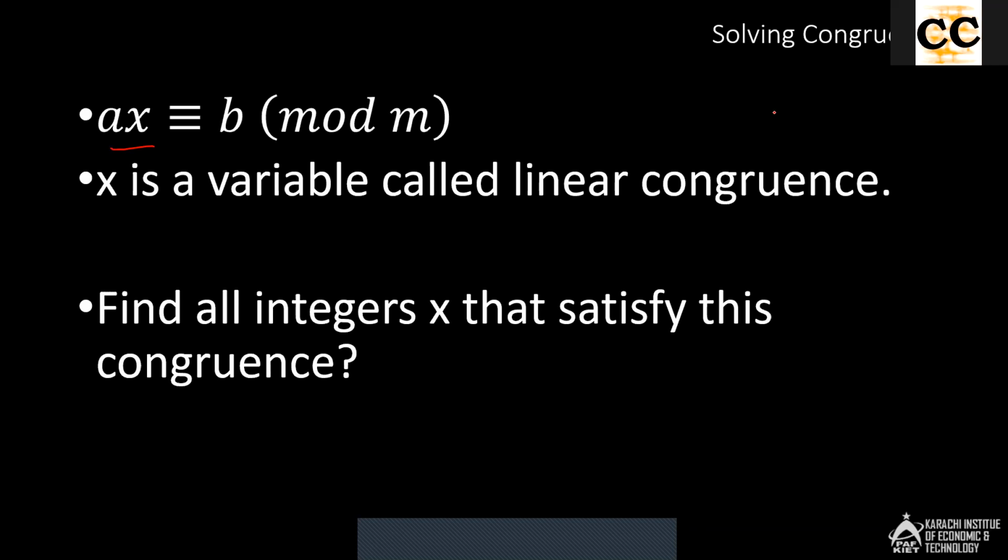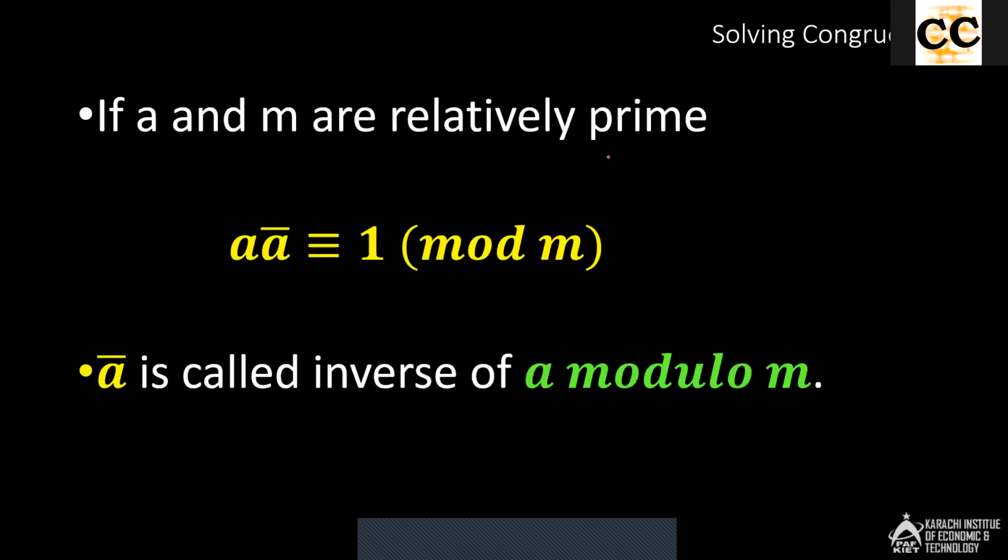Right now, we're going to see another very interesting fact, that if A and M are relatively prime, we always have an integer that we call the inverse of A, and it's called the multiplicative inverse of A. Actually, I have missed here.